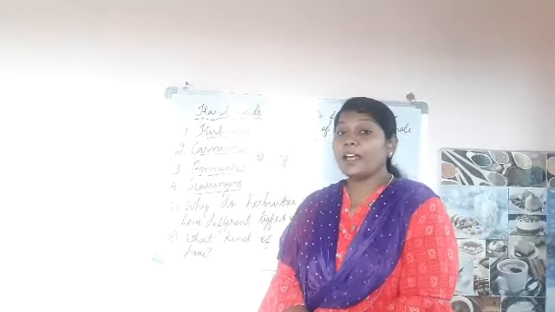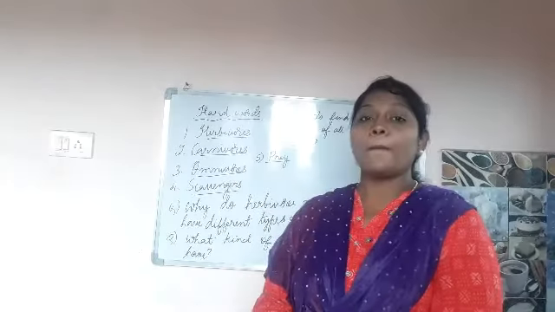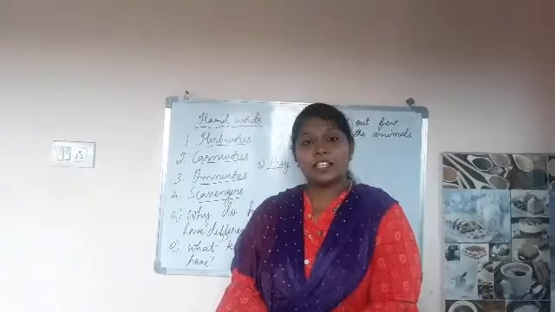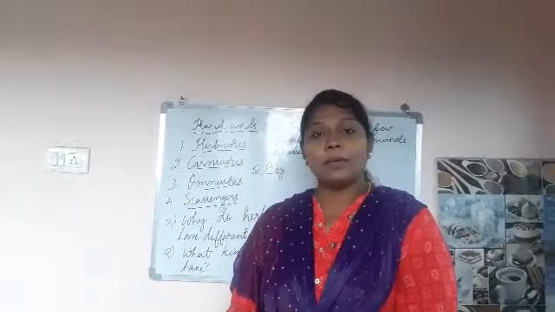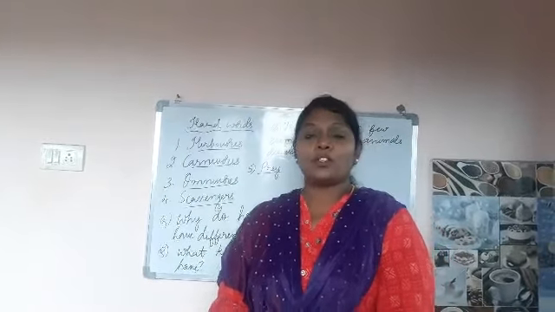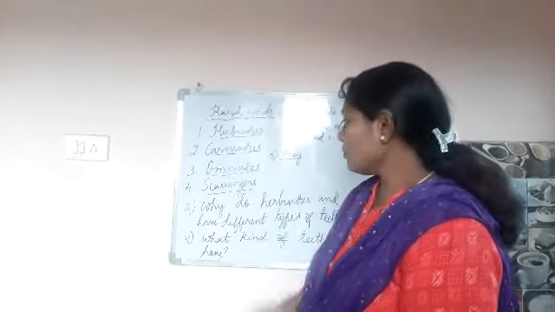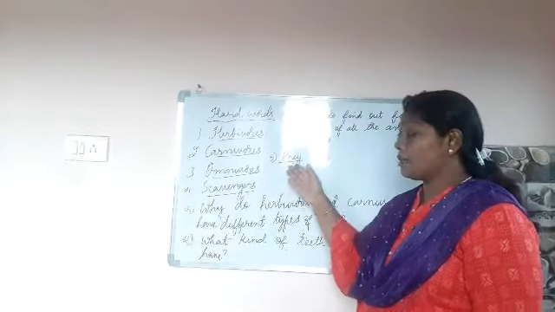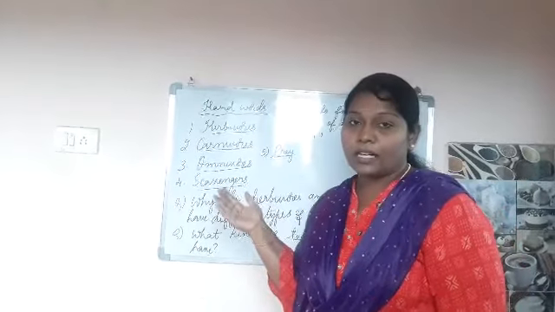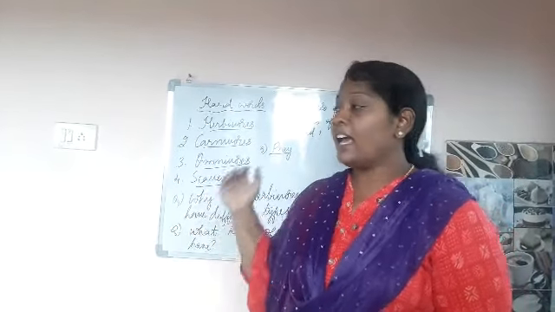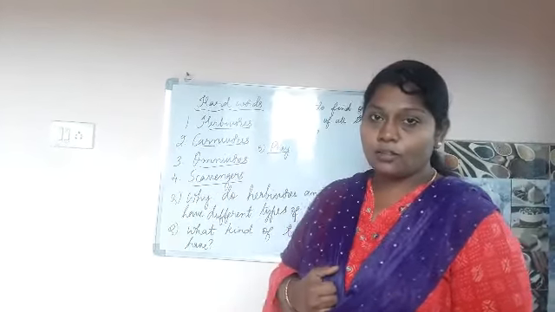Prey. P-R-E-Y. Prey. Prey is nothing but the food the animals depend upon. So whatever the animals are eating is called prey. So list out these five words. Write them down in your class book five times and learn the spellings, children.